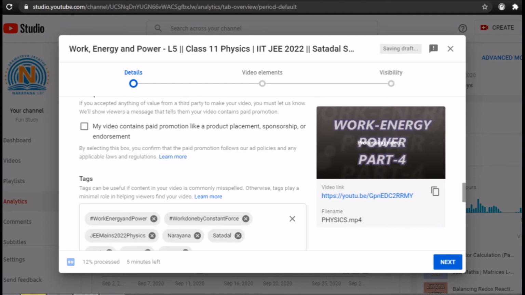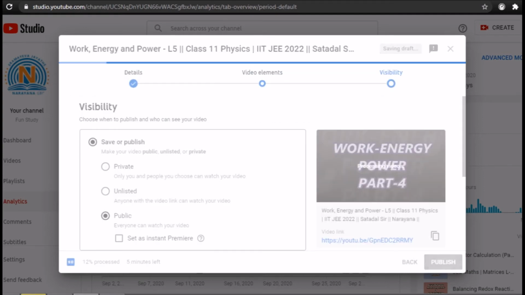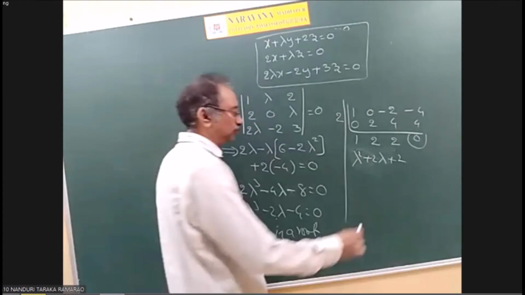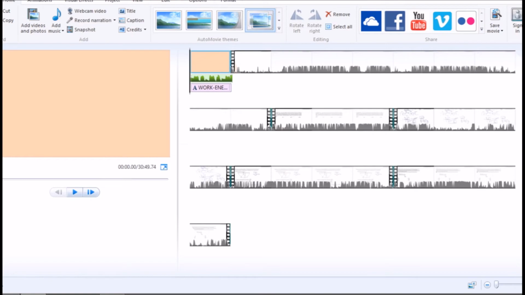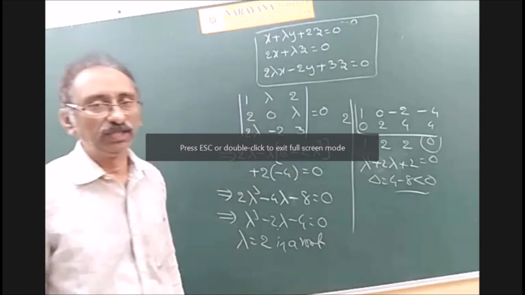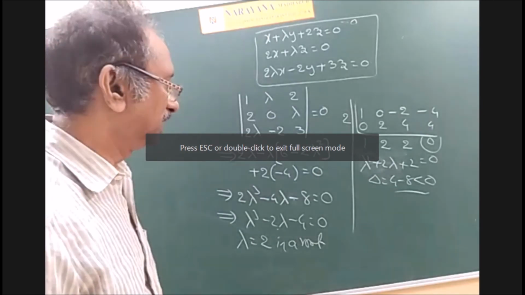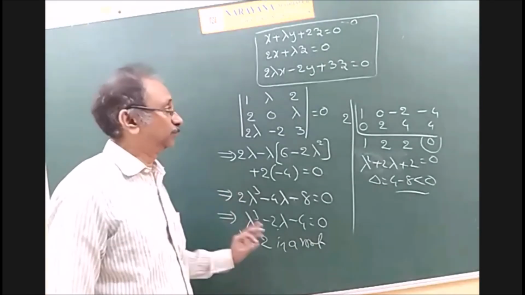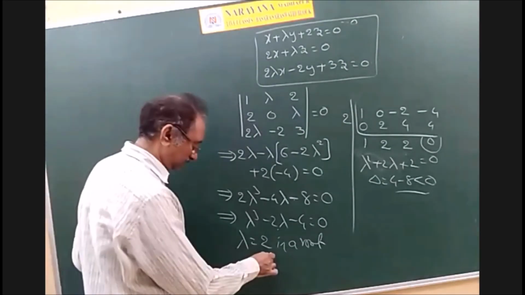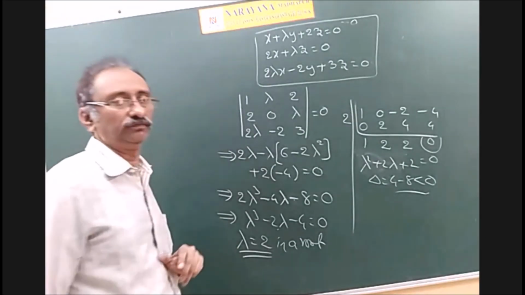Starting with 0 here, 1, 2, 2, 4, 2, 4, 0. And therefore this is lambda square plus 2 lambda plus 2. If it is equal to 0, observe the discriminant b square minus 4ac is less than 0. Therefore no real roots. So the only real value of lambda for which it has infinitely many solutions or non-zero solutions is lambda is equal to 2.